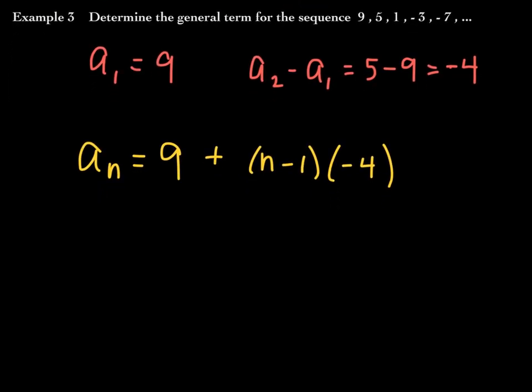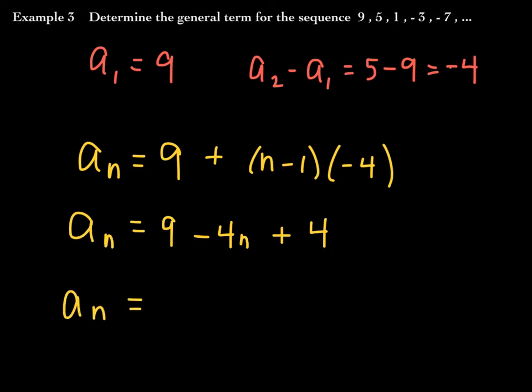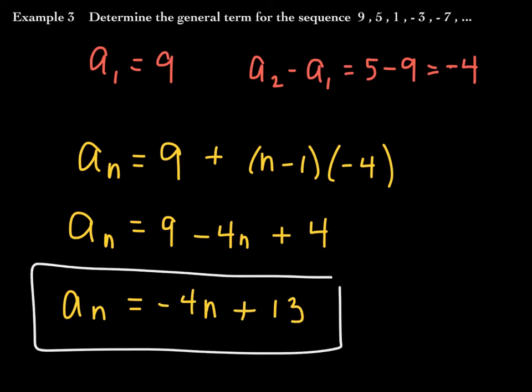So let's see. Distribute the negative 4, gives you negative 4n plus 4. So then the general term for this sequence can be described as negative 4n plus 13. This is the general term for this sequence. Cool?